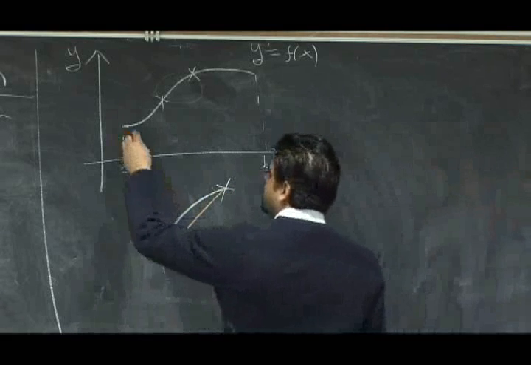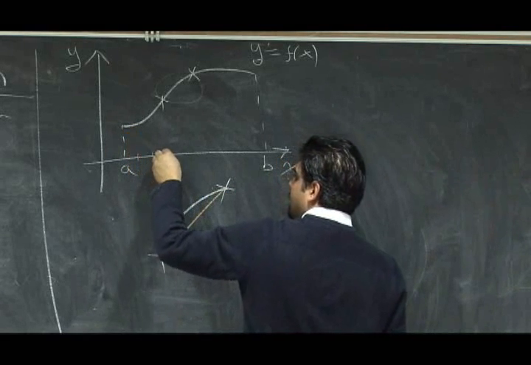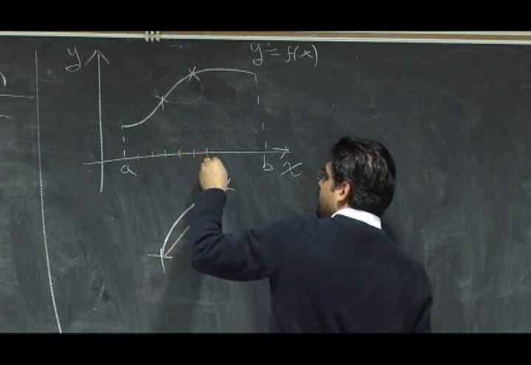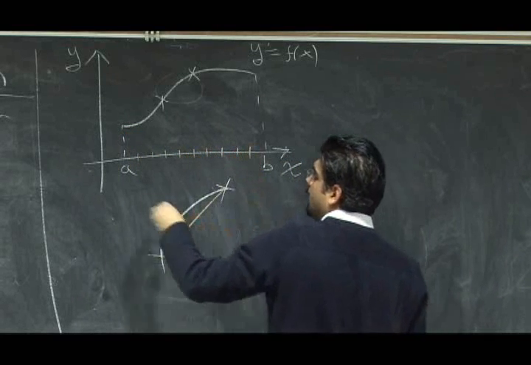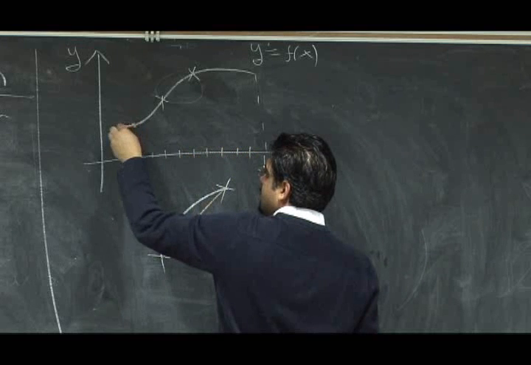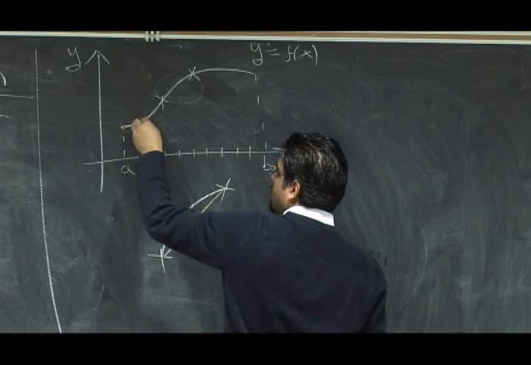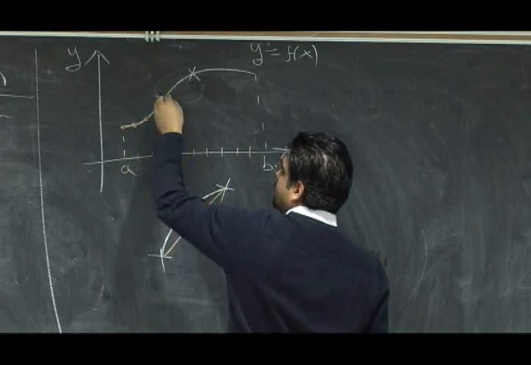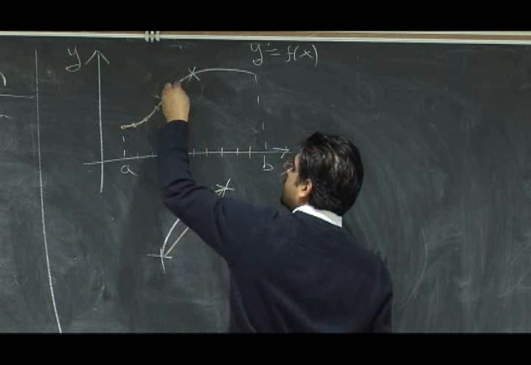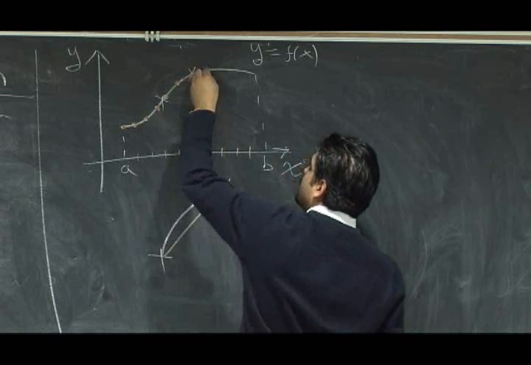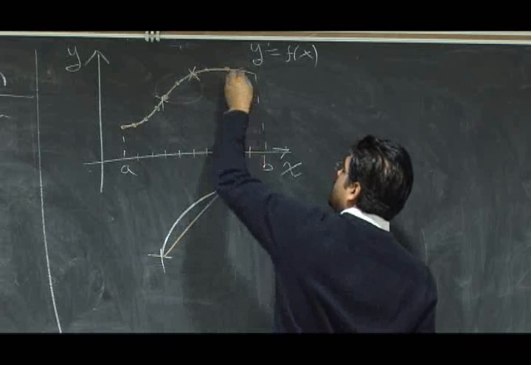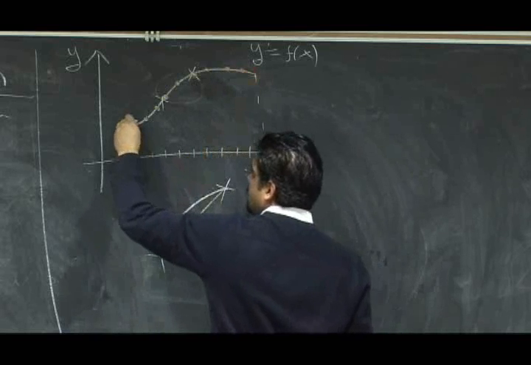So if I were to cut up this interval into many small subintervals and take the points on the curve associated with the endpoints of those subintervals, then between every two of these points, I could draw a little segment.